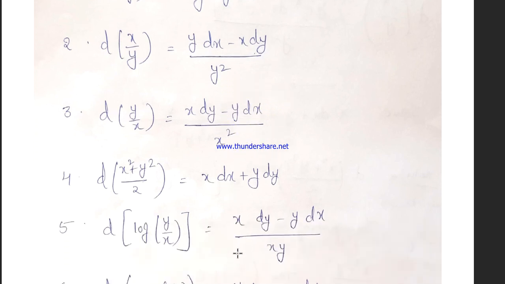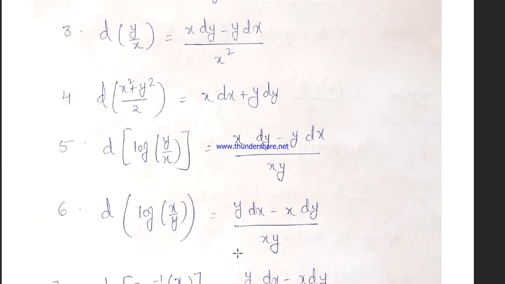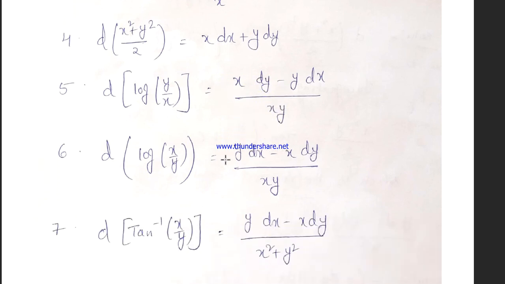The next formula is d of log of (y by x) equals (x dy minus y dx) by xy. How do we get this? The differentiation of log x is 1 by x. In the place of x we have y by x, so log's differentiation is 1 by x, and after that you differentiate y by x.